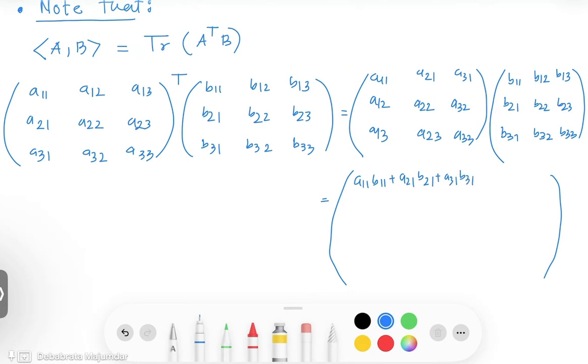Can you observe it? I am not interested in the second and third components. Now tell me about the second position element. So A12 B12, A22 B22, A32 B32, right? I am not interested in the last position element.